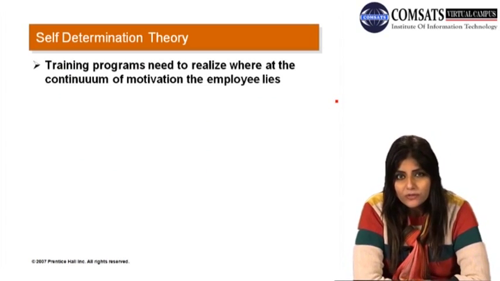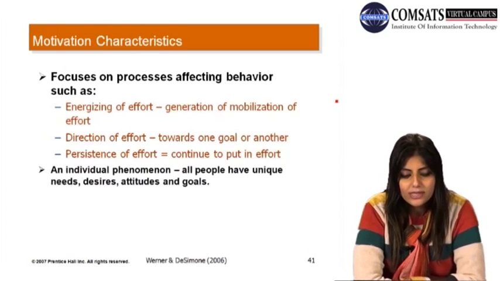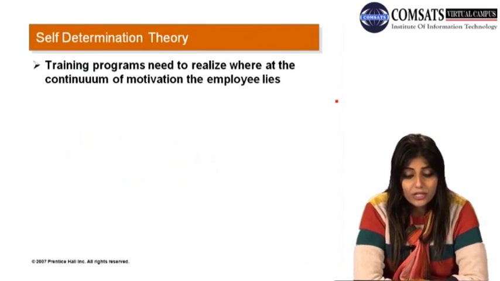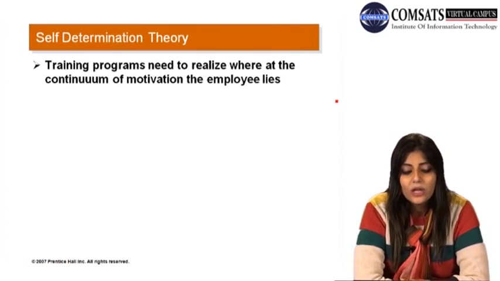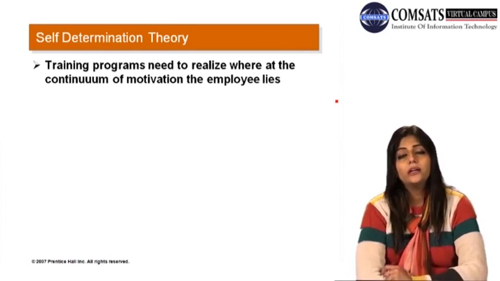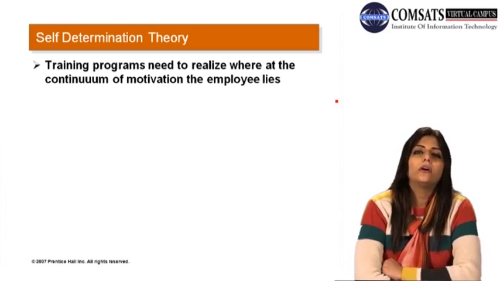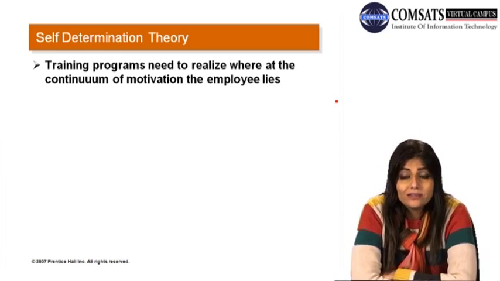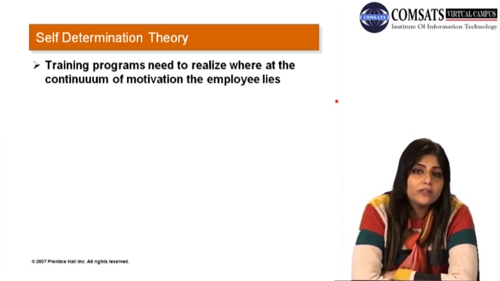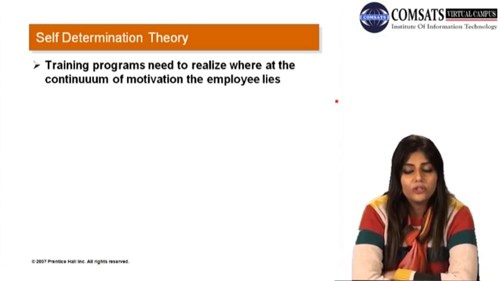So the implications of this theory and the cognitive evaluation theory for the HRD are that the training programs need to realize where at the continuum of motivation the employee lies, whether he is on controlled motivation, which is also the external motivation, or whether he's on the autonomous motivation, which is the internal motivation or the intrinsic motivation, right?